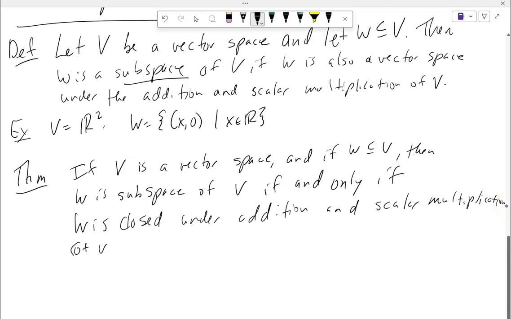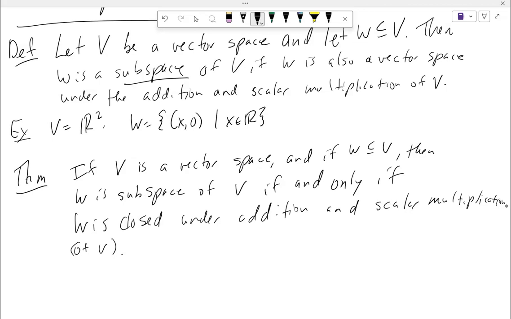And again, this is the same addition and scalar multiplication of V. So proving something is a subspace is a lot easier. When you want to show that something is a subspace, you only have to show two things. It's closed under addition, it's closed under scalar multiplication.